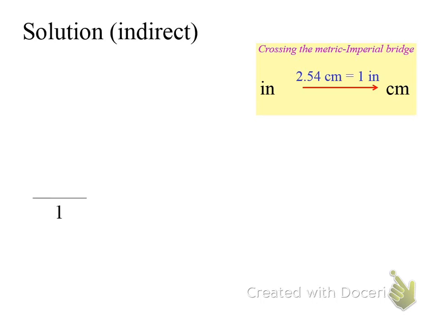Whenever you go from English to metric, or from metric to English, isn't this almost poetic? You are crossing the metric imperial bridge. So what does it look like leading up to that?